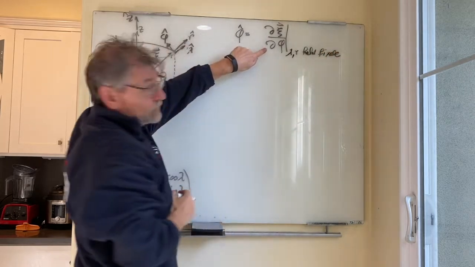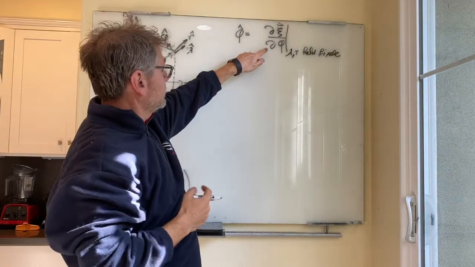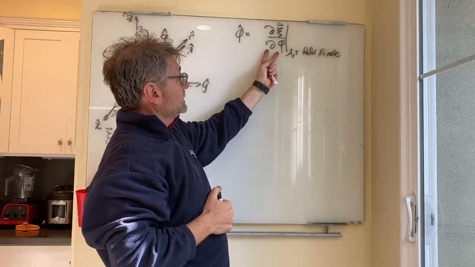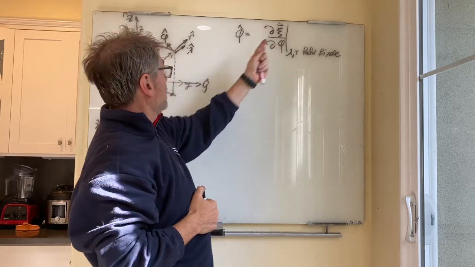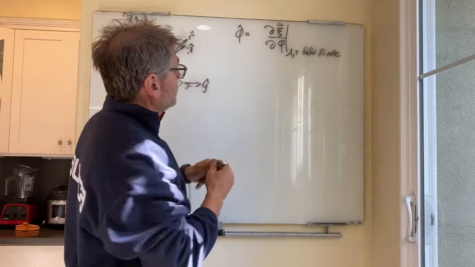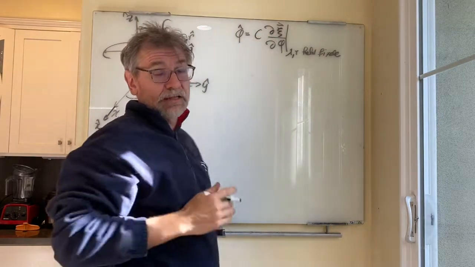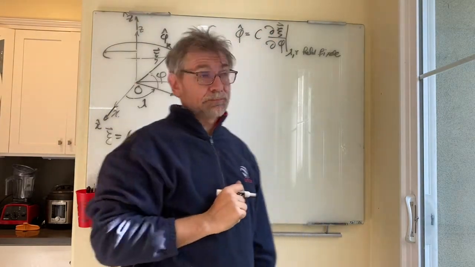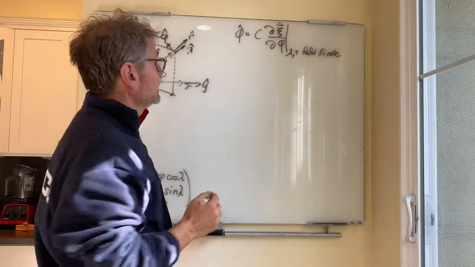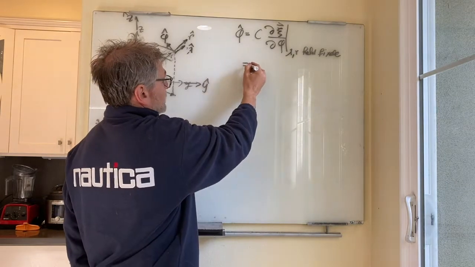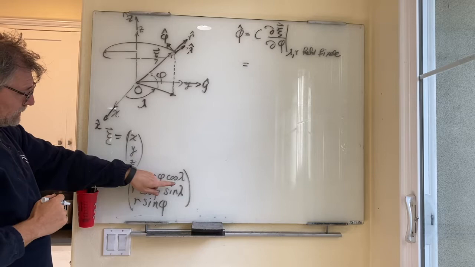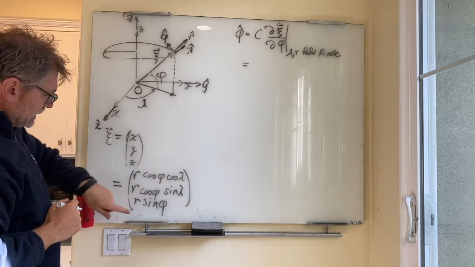Now, this vector is not necessarily going to have unit length. You can see right away that depending on how big c is or how small phi is, we're going to have different lengths. So we are going to have to put in a constant out front to make sure that it's properly normalized, that it has unit length. Now let's first compute dc dphi, and then we'll find out what c is. We know the coordinates: r cos phi cos lambda, r cos phi sine lambda, and r sine phi.